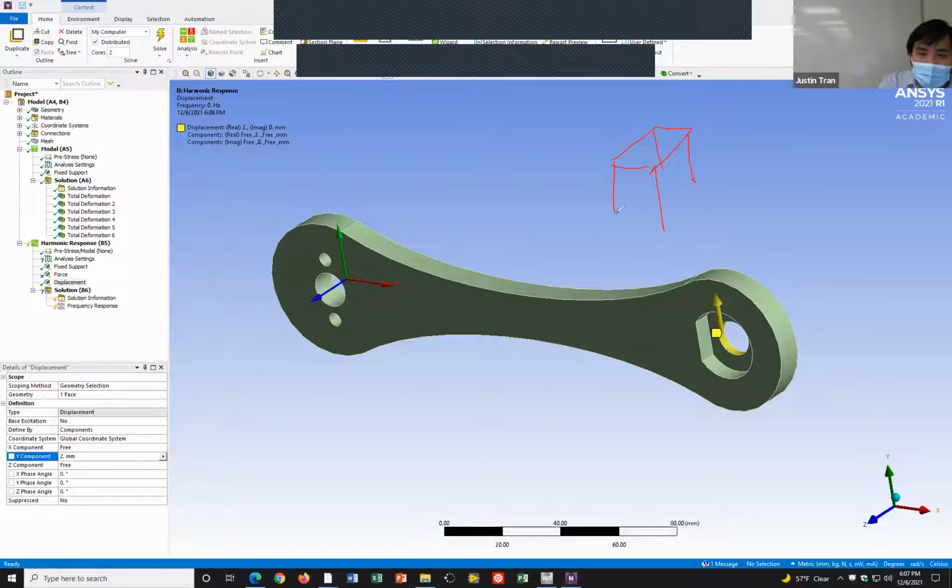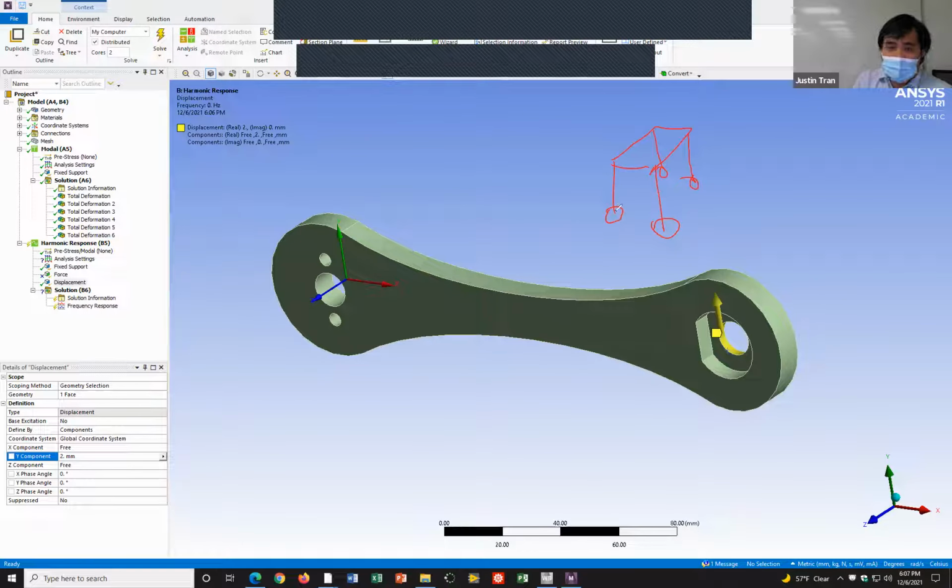If you apply an oscillatory displacement on the bottoms of these columns, which is kind of what you expect from an earthquake, then that's going to cause the whole building to sway with that displacement, which is what you want to look at.